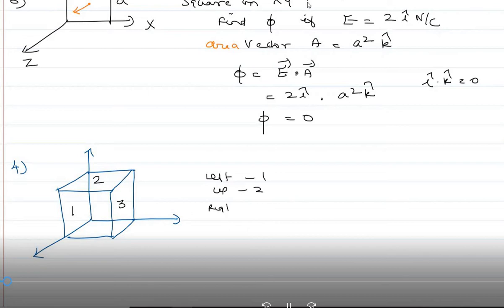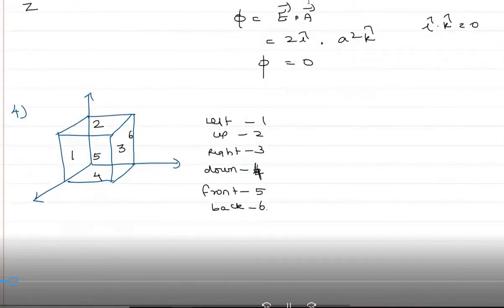Then right side 3, then down 4. A cube has 6 faces, right? Then front is 5, back is 6. Just remember that. 6 surfaces, 6 numbers we will give. Now with an example, we will see that.